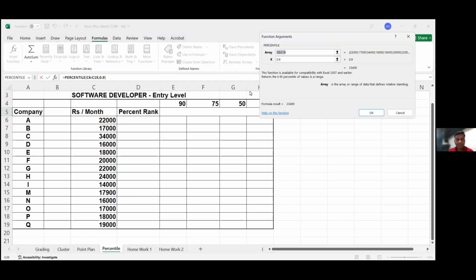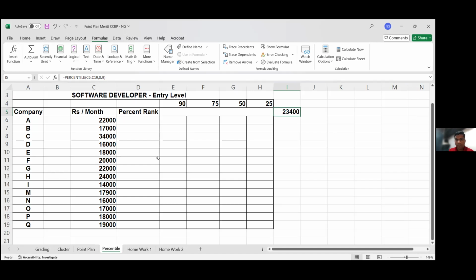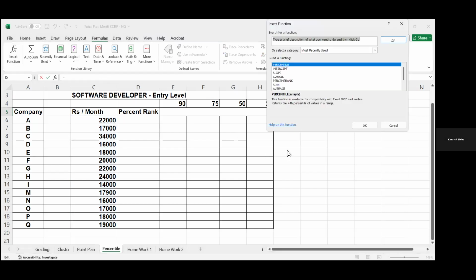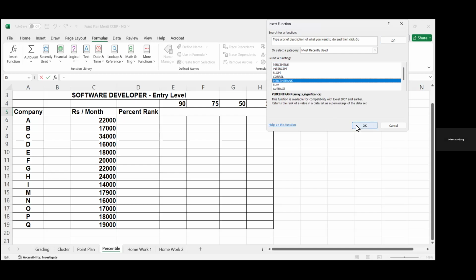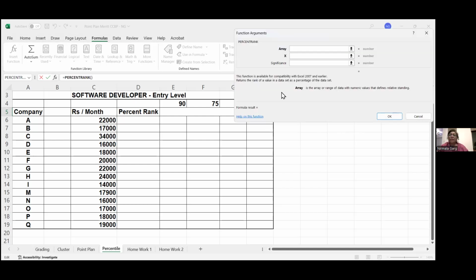Insert function, percent rank. The array will be the same.